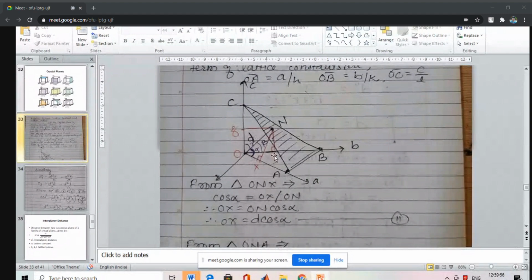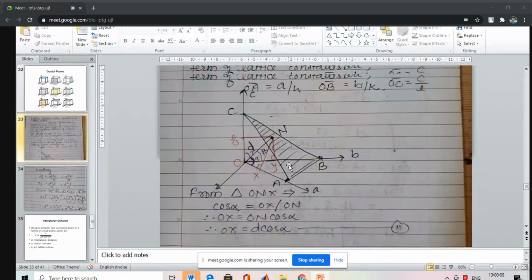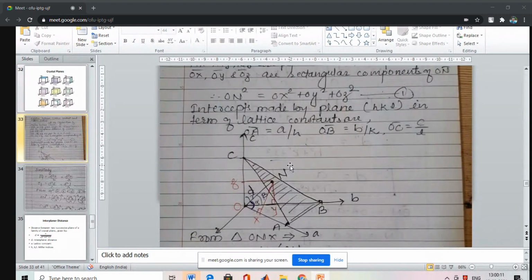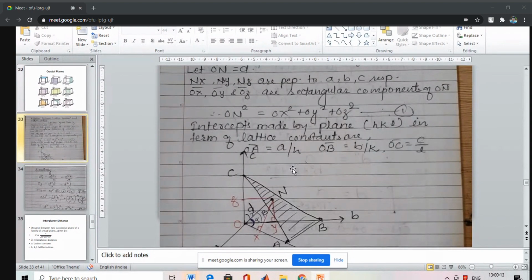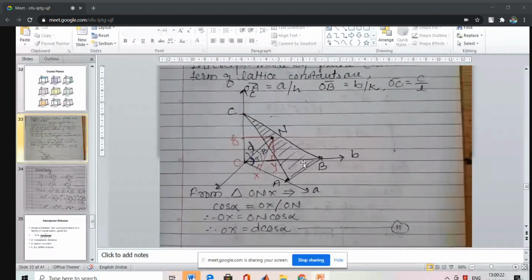Angle between axis B and direction ON is beta. And angle between axis C and direction ON is gamma. Okay, means alpha, beta and gamma are the angles between the direction ON, perpendicular to the plane from origin, with the respective axes A, B, C.